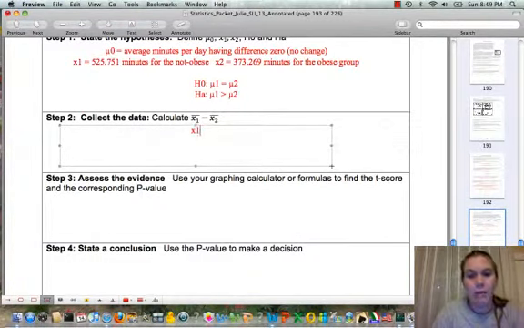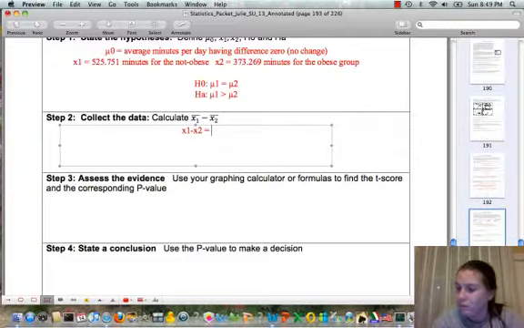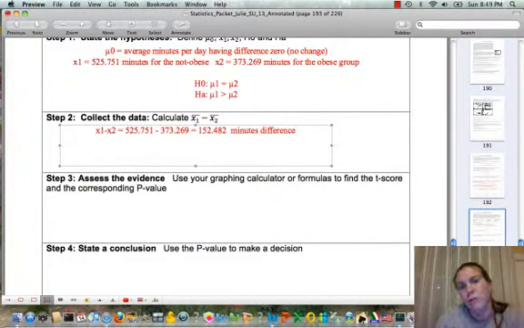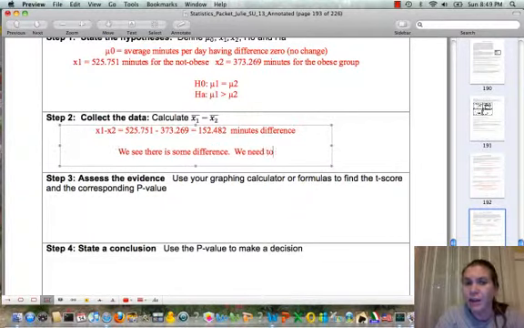So x1 minus x2, and pretend these numbers have bars over them, is going to be 525.751 subtract 373.269, and that difference is 152.482. Okay, so we see there is some difference. So we need to investigate if this difference is statistically significant.